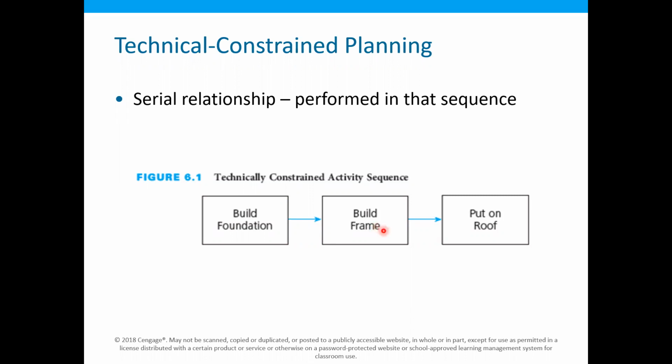For example, if we have resources available for all of these three activities, say a different crew for each activity, and all the crews are available, but the first activity has not been completed, the second and third activities cannot be started.